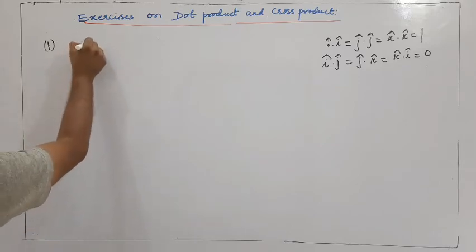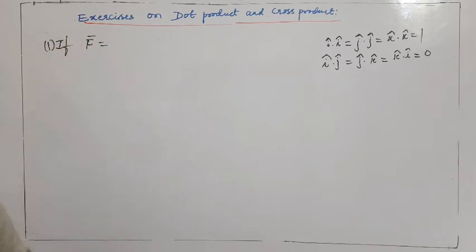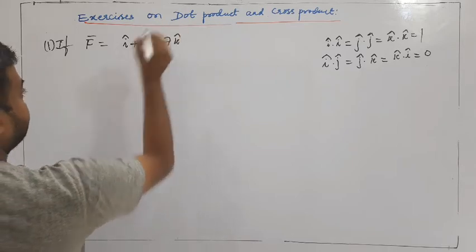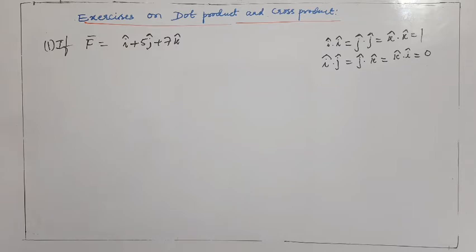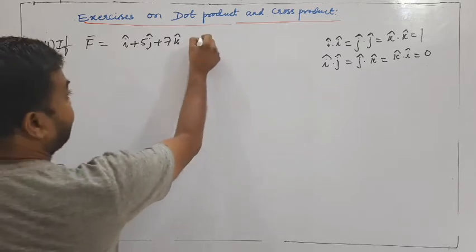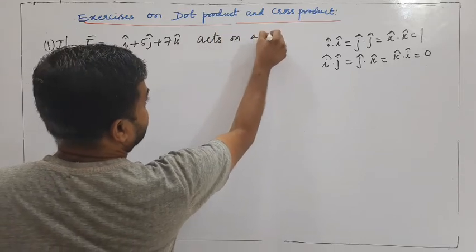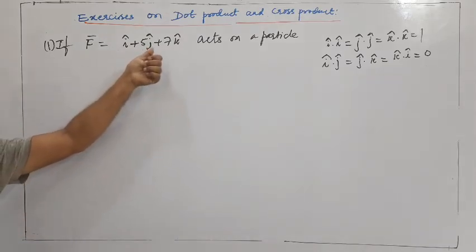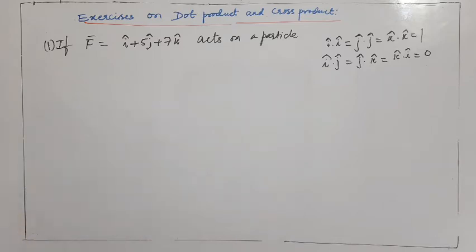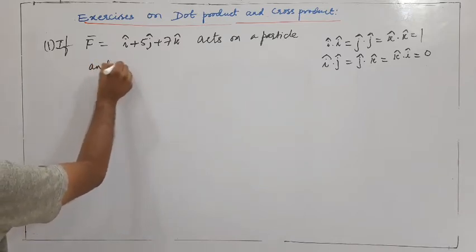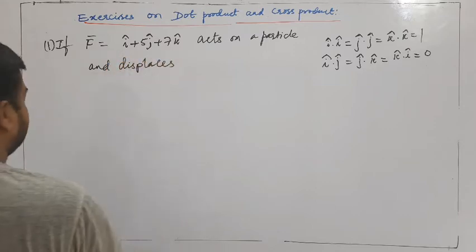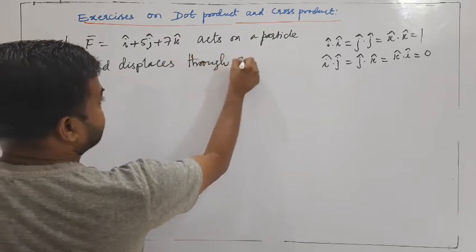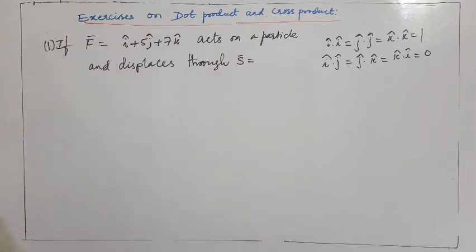A force is given: if force F is equal to i cap plus 5j cap plus 7k cap, acting on a particle, and displaces the particle through s bar is equal to 6i plus 9k.